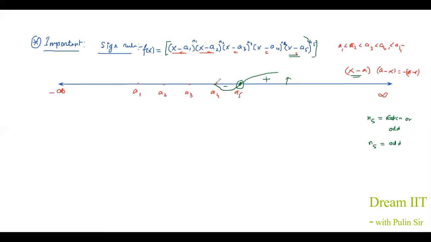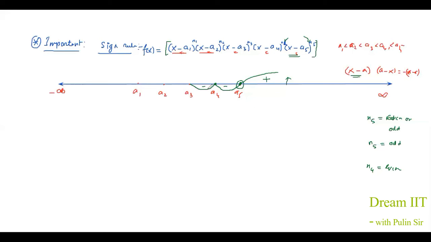Now repeat the same process for each point. Now you are about to pass through a4. Now look at the nature of n4. It is even or odd, simply. Suppose this time I consider n4 as even. If it is even, then you will retain your position.